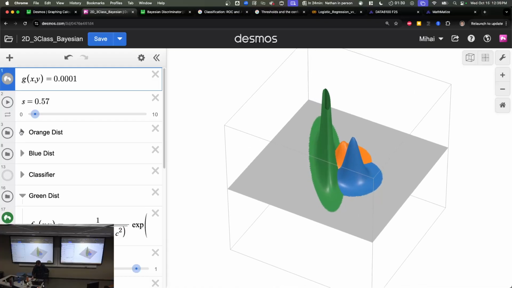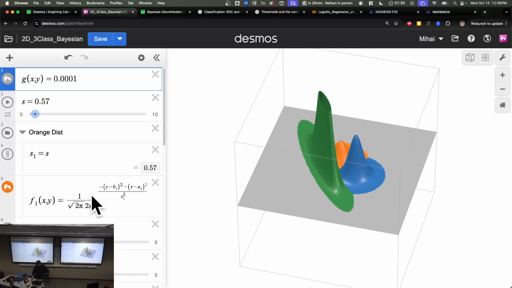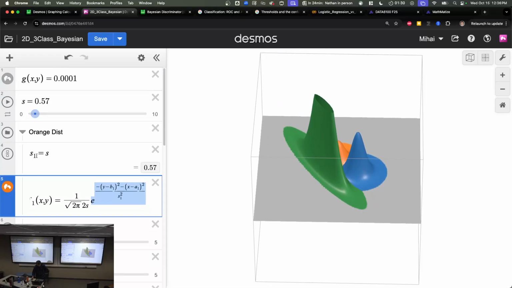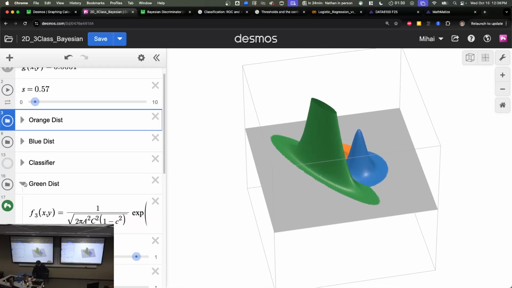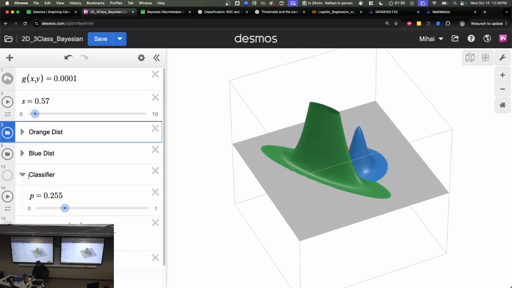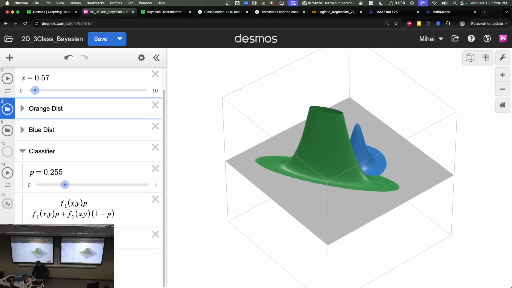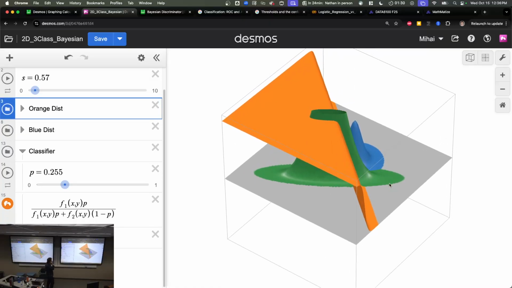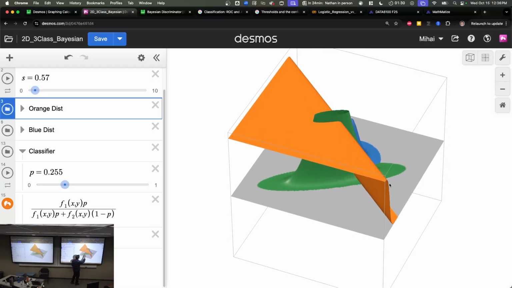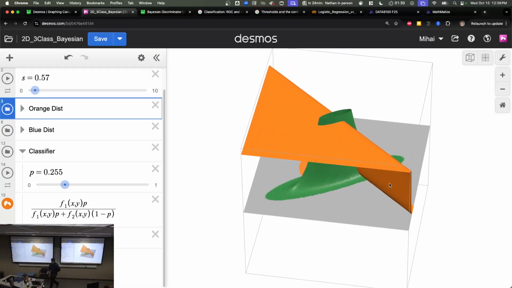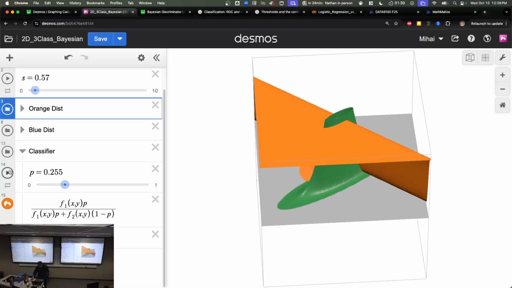So these are the little distributions that I made, and they're all quadratic equations with exponentials that are all Gaussian distributions. You can make a classifier in the same way we did before by doing ratios of them. So if you wanted to do orange versus blue, this is the linear discriminant analysis, is a nice thing like that. And you can make classifiers that go 3 ways.